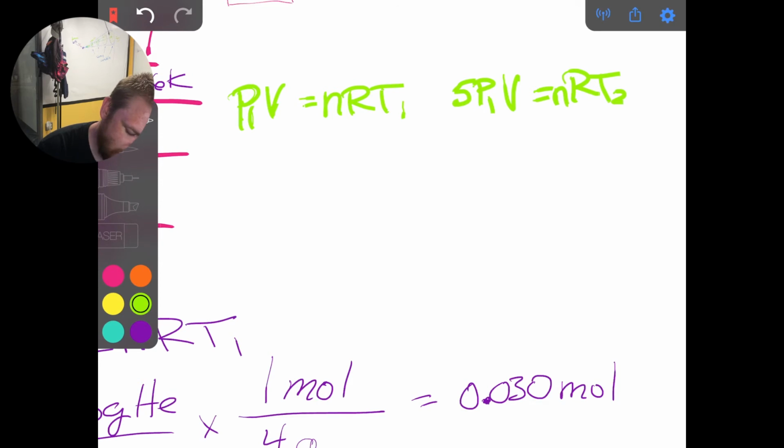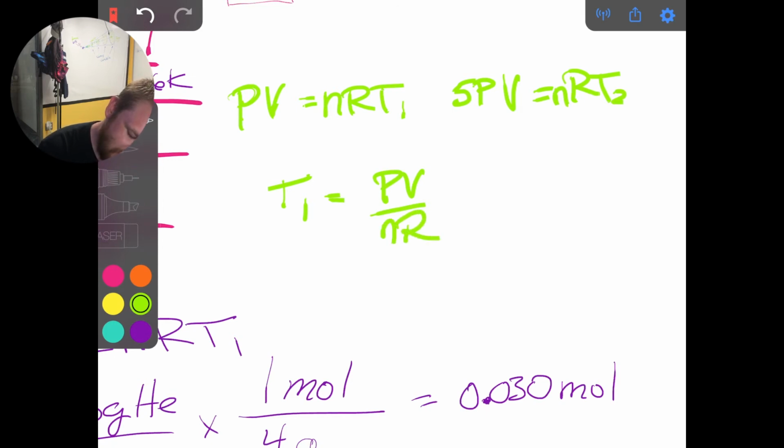So we'll go ahead and drop that in there as well. And now we have P1 showing up on both sides, so I'm going to drop the subscript on that as well. Great. So now we want to move everything that doesn't have a subscript to one side of the equal sign. So P, V, N, and R are related between these two equations. So we get that T1 is equal to PV over NR.